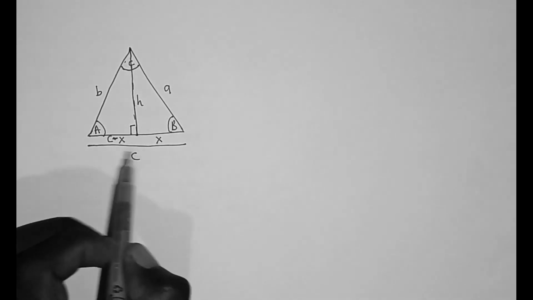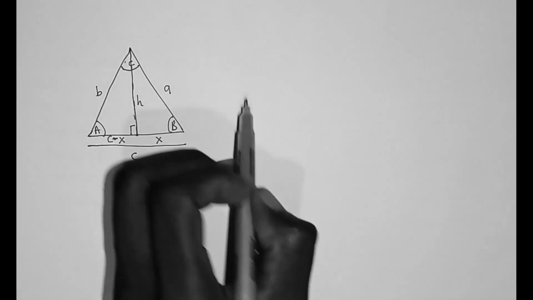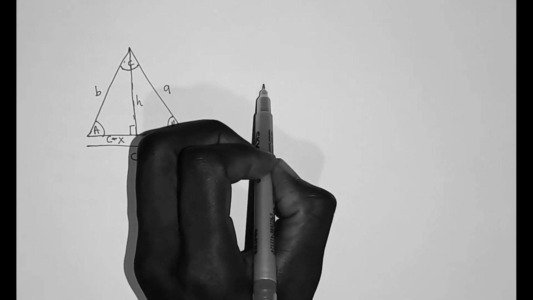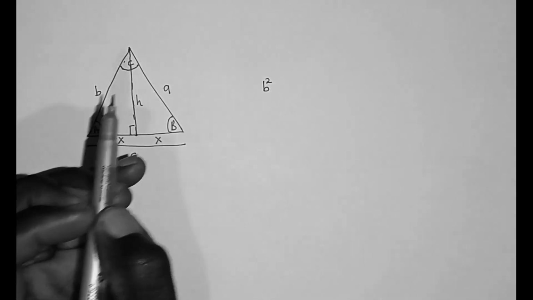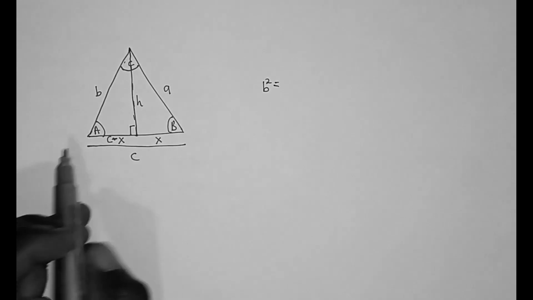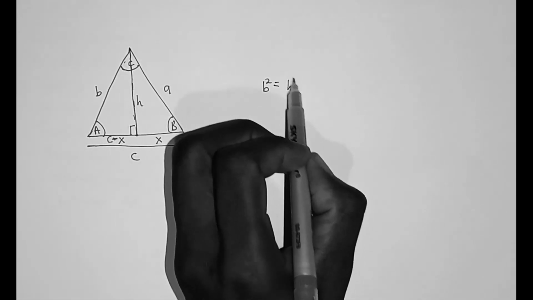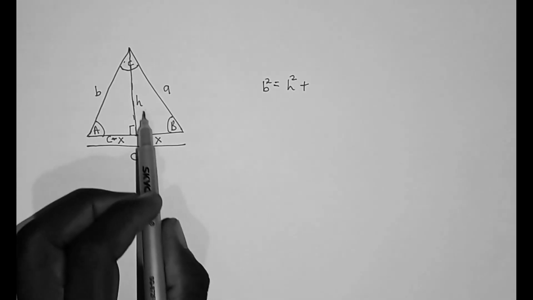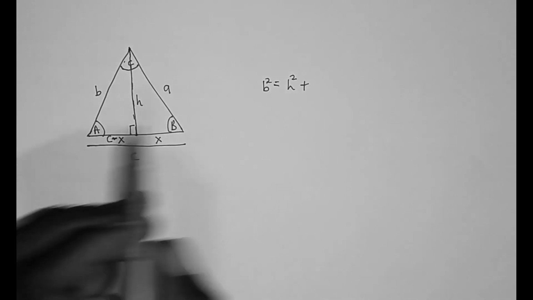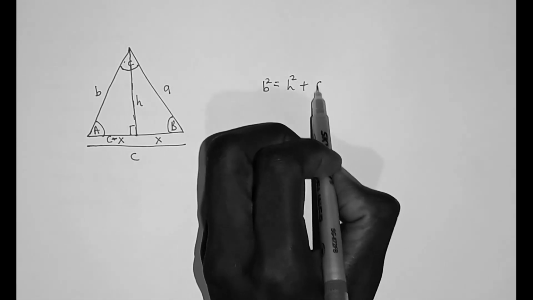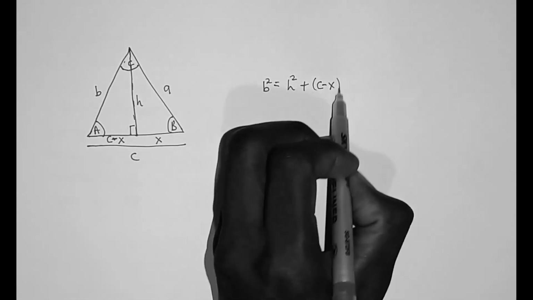Since it is a right angle triangle, it implies that b squared is equal to h squared plus the square of this side, which is (c minus x) squared.